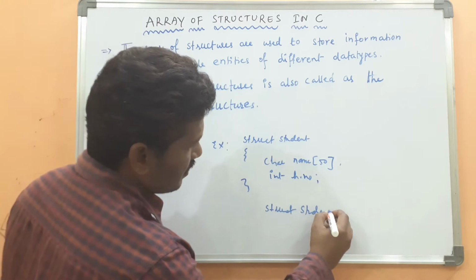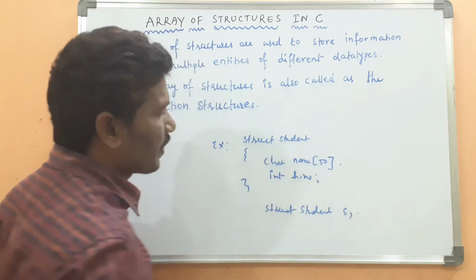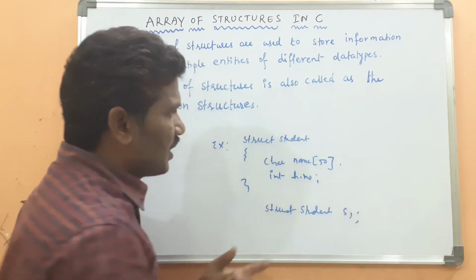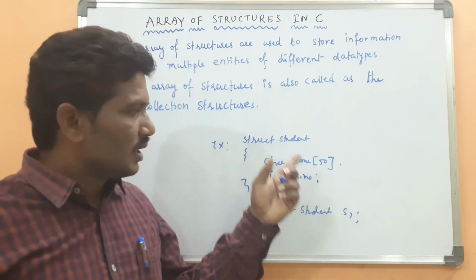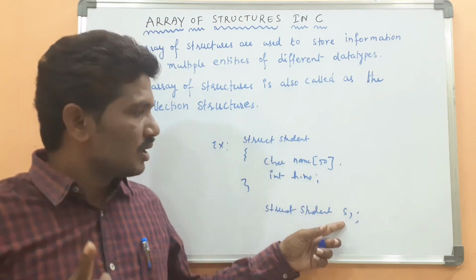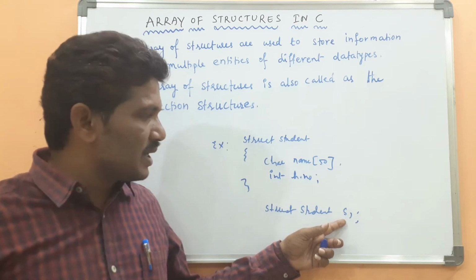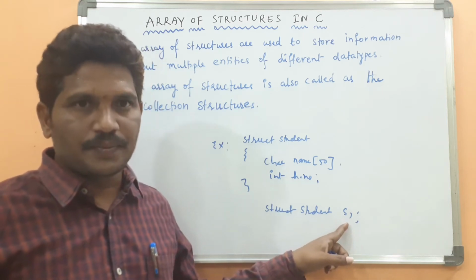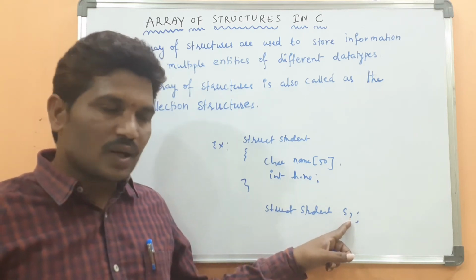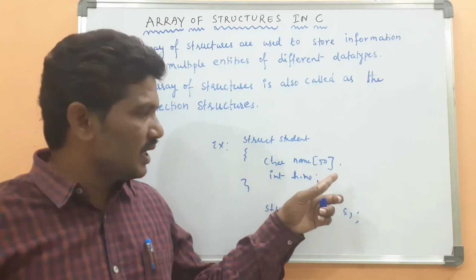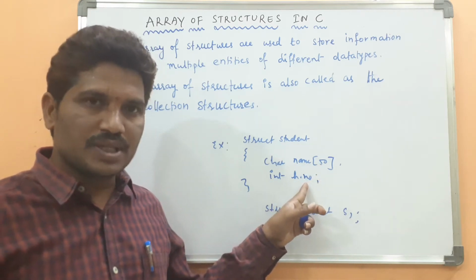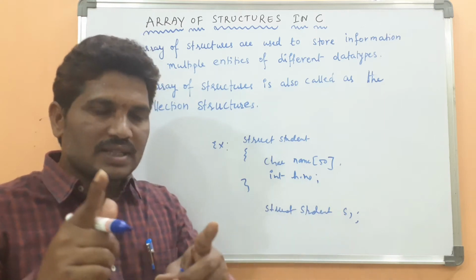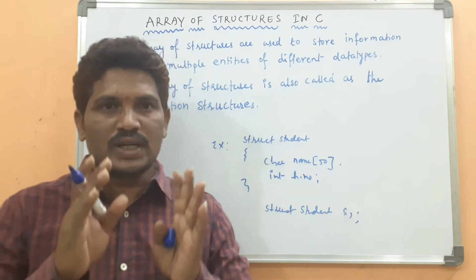Whenever the structure variable is created for a student, struct student S1, we can store one student's information in the structure variable S1. The S1 can hold the name of the student and the roll number of the student. It can store the information about only one student.